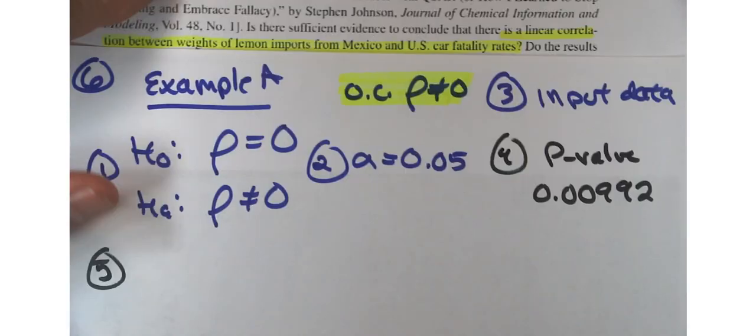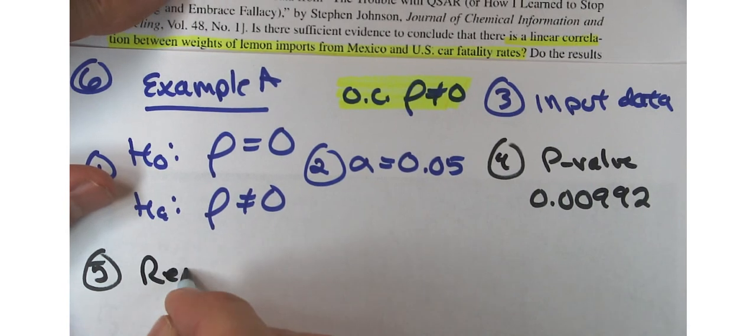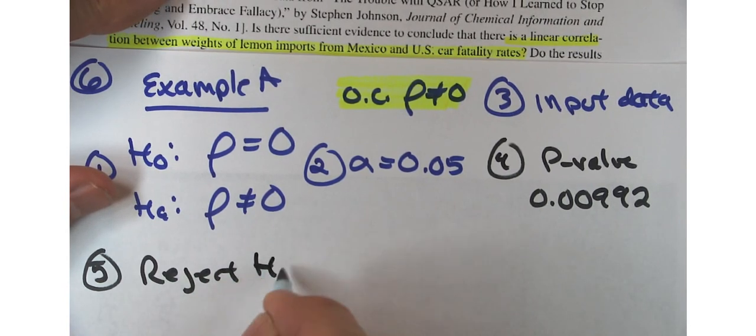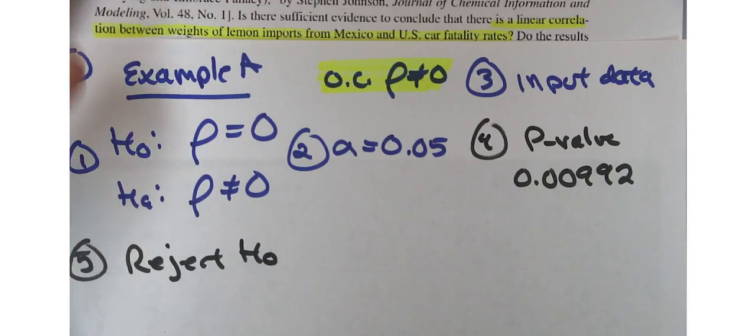Yeah, you're going to reject H naught. Our p-value is lower than this. Is that conclusion a surprise to us? No. Do you think there should be a correlation between lemon imports and car crashes? Well, that's what we're concluding, is that there is a linear relationship.